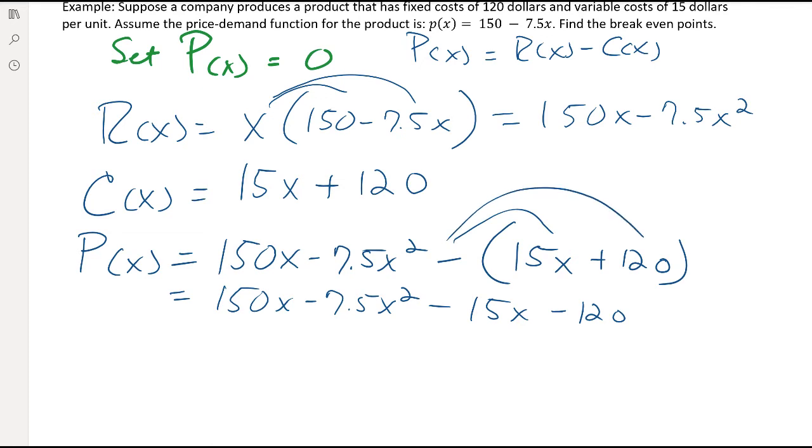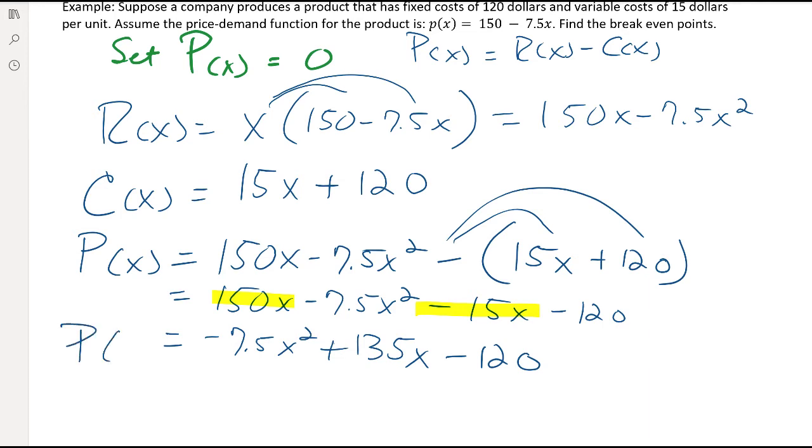Then I'm going to combine like terms and rewrite this in standard form for a quadratic, meaning I'm going to write my x squared term first. So negative 7.5x squared. Next I take 150x and subtract away 15x. So 150 minus 15 gives us a positive 135x. And then minus the 120. So here we go. That is our profit function.